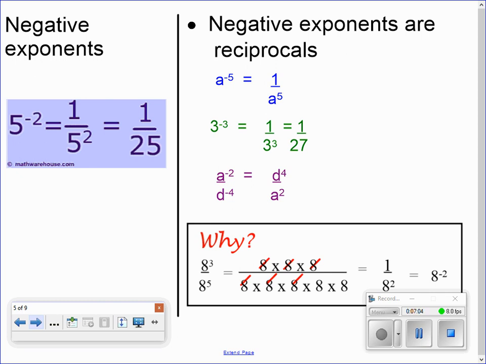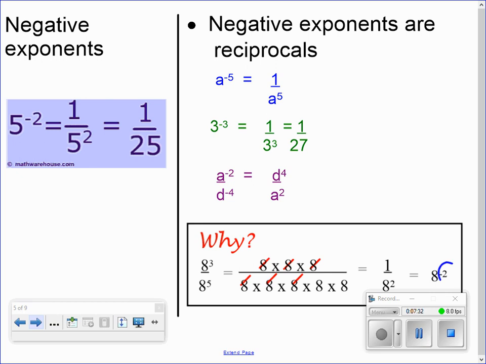Now why is it that when we have a negative exponent, we look at the reciprocal? Well, let's take a moment to look at what happens when we look at our quotient of powers. So remember that when we did quotient of powers, it says that if they have the same base, we can subtract their exponents, right? So if I do 3 minus 5, what we end up with is negative 2.